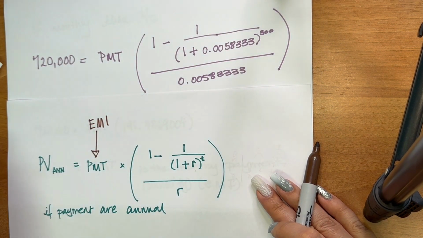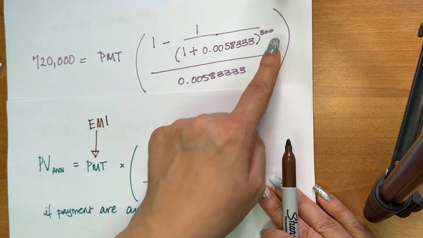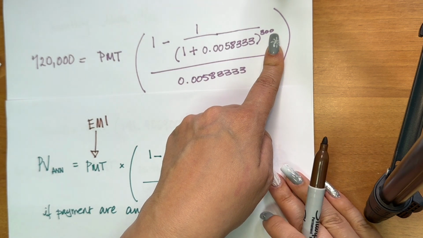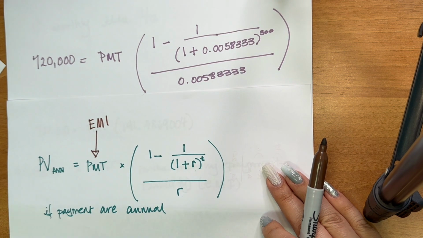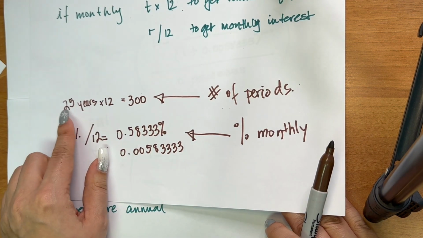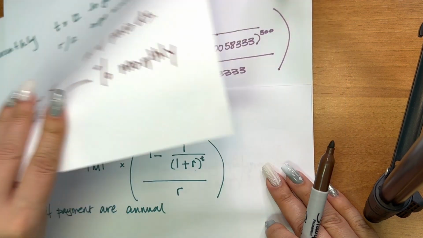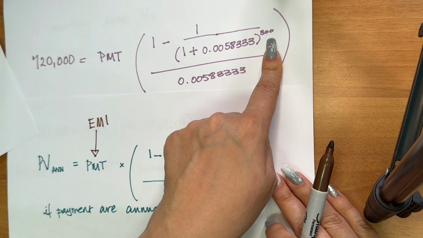That is what I put for R. The T, I converted that as well to the number of periods, which is 300. It was 25 years, which I multiplied by 12 and got 300. I put that here for T.